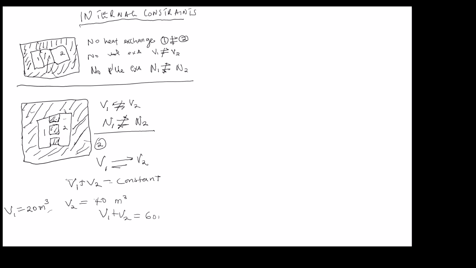Now, if this system allows V1 to become 30 cubic meters and V2 to become also 30 cubic meters, then it implies that one subsystem can do work on the other.